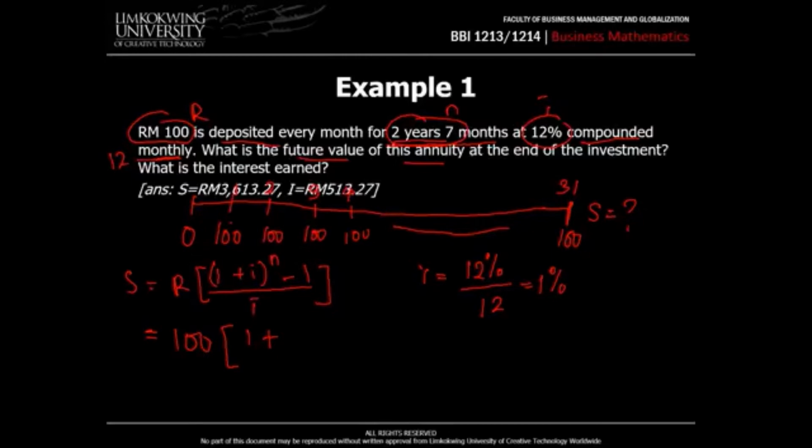So here it is 1 plus 1%. The index N is how long the investment is, which is 31 months, minus 1, divided by 1%.